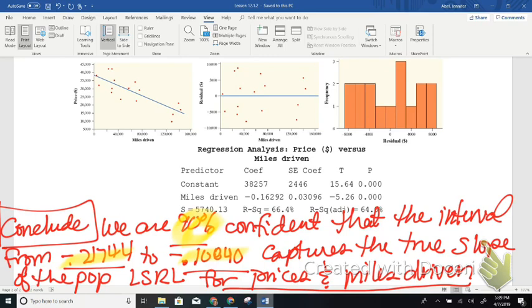We're 90% confident that the interval from negative 0.21744 to negative 0.10840 captures the true slope of the population least squared regression line, and then you give the context. In this case, we were coming up with a line relating the prices of the used truck to the miles on that used truck.